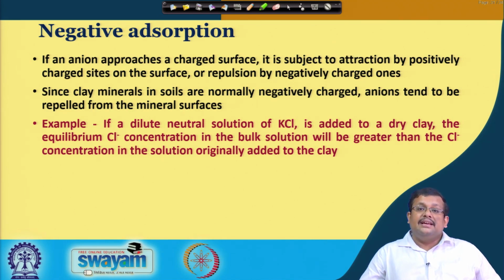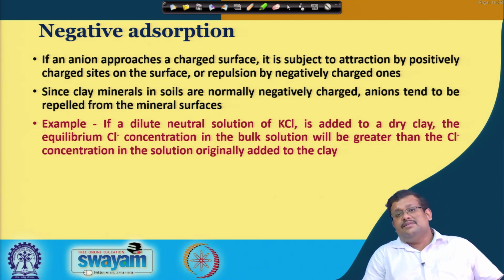When the negative charge develops on the surface of the clay particles, if an anion approaches that negatively charged clay particle, it will face a Coulombic repulsion force, or negative adsorption, and if the surface is positively charged, then obviously the negatively charged anions will be electrostatically attracted.